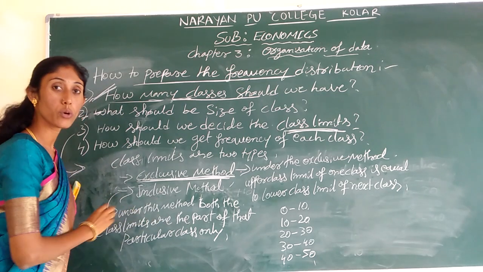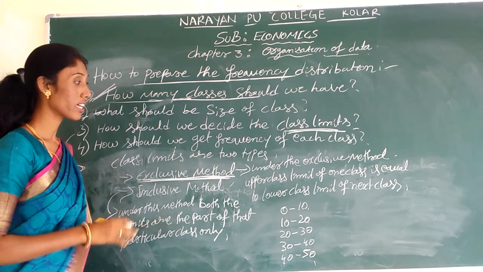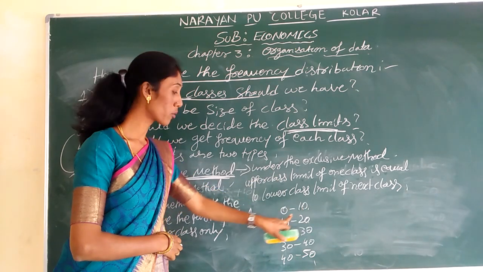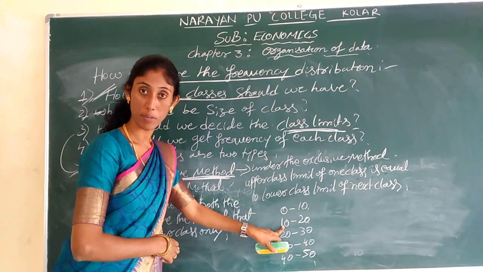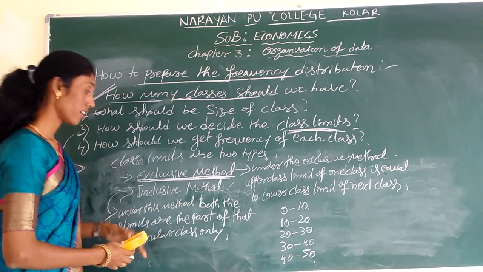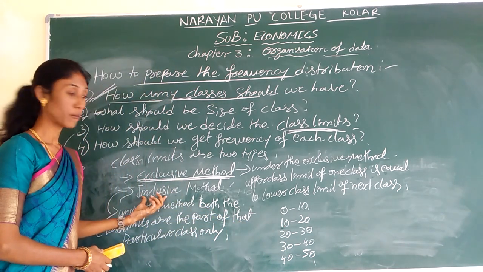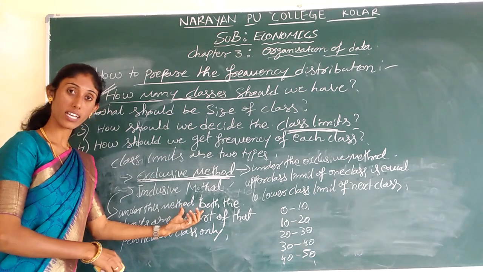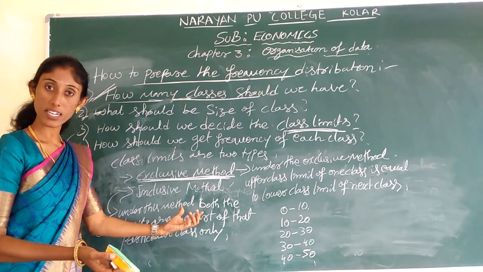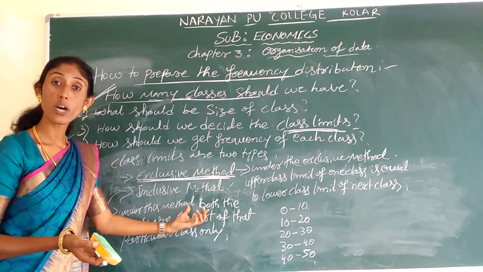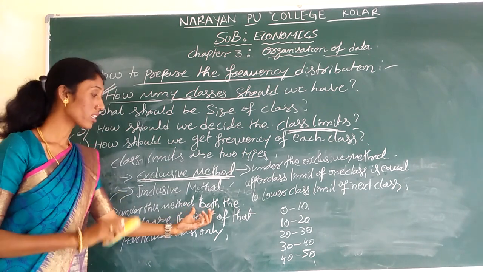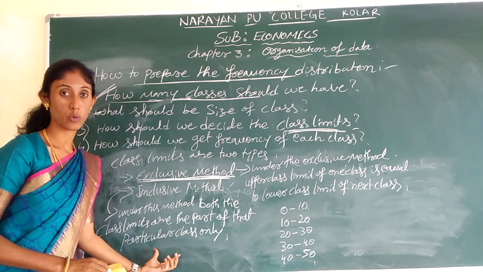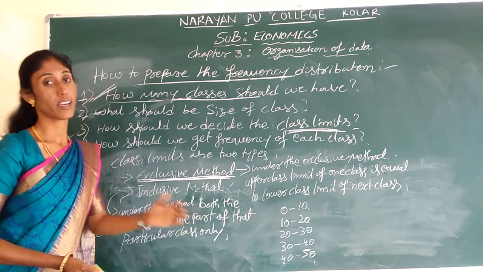It will never move to a next class. But in the exclusive method, the one class upper limit will move to a next class lower limit. Right? But here, under the inclusive method, both the class limits, whether the lower class limit or the upper class limit, will never move to a next class. Both the class limits will be part of that particular class only.